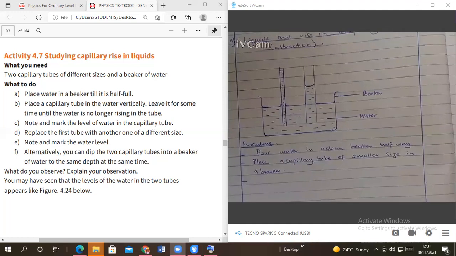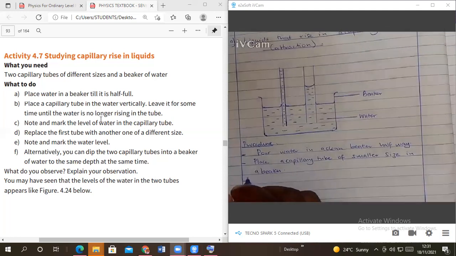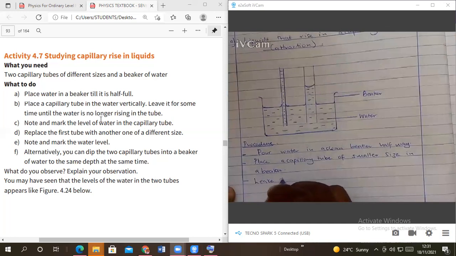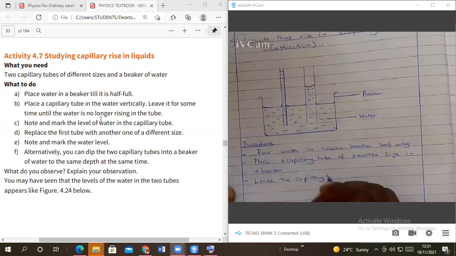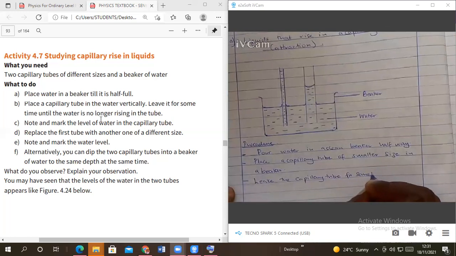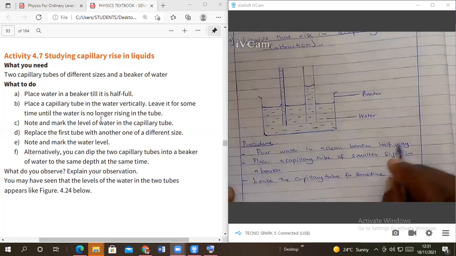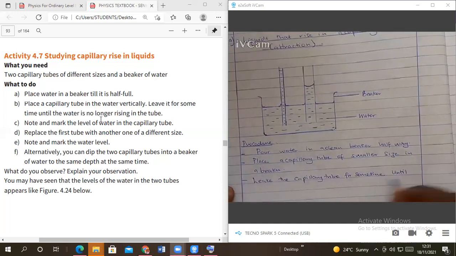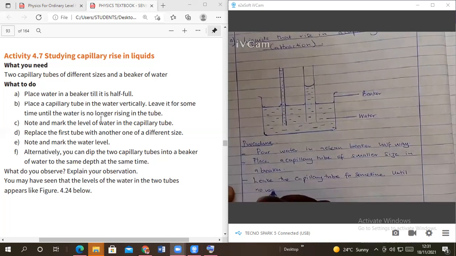So the next thing is to leave the capillary tube for some time until no water is rising.